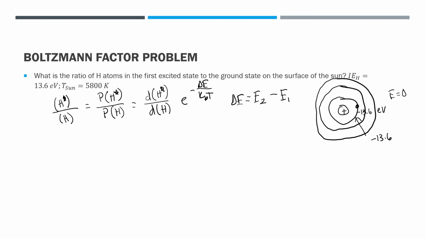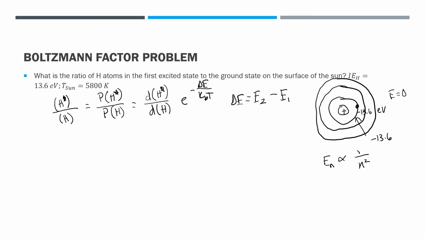So good, now we found what E1 is. But how do we find what E2 is? This is where we need to think back to a previous lecture, when we discussed that the energy En is proportional to 1 divided by n squared. So let's use that with our 13.6 electron volts. Our first state has n equals 1 and an energy level of negative 13.6 electron volts.